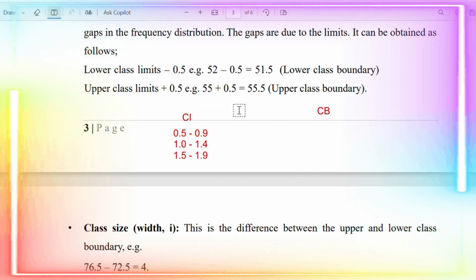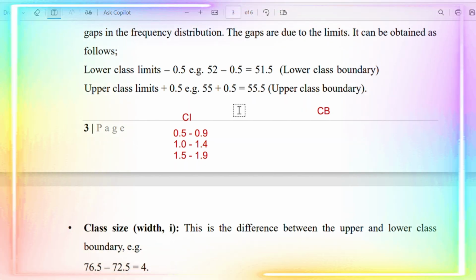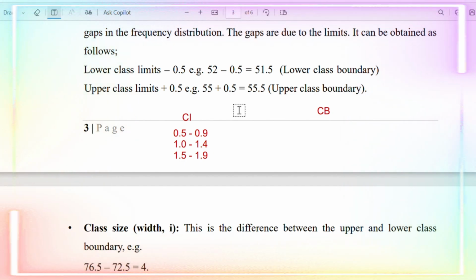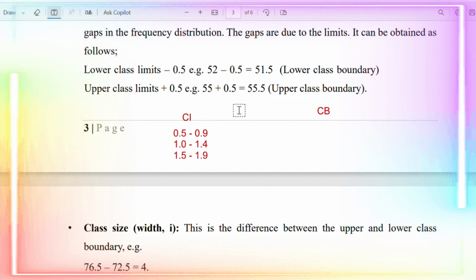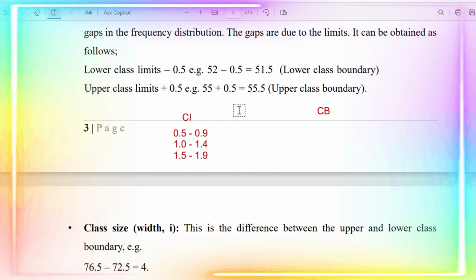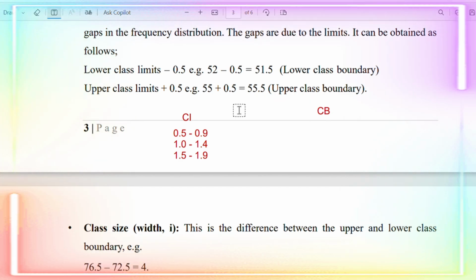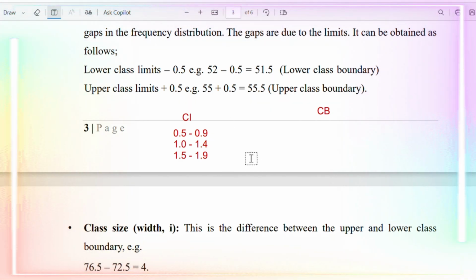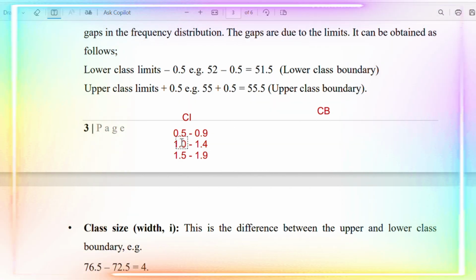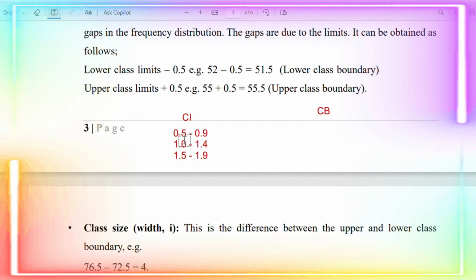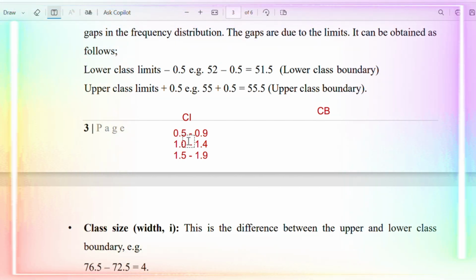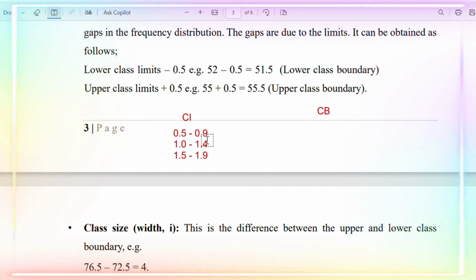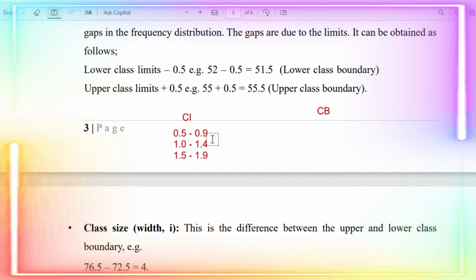Now it is that 0.1 that you divide by 2. 0.1 divided by 2 will be 0.05. Now it is that 0.05 you will subtract from the lower class limit and add to the upper class limit.